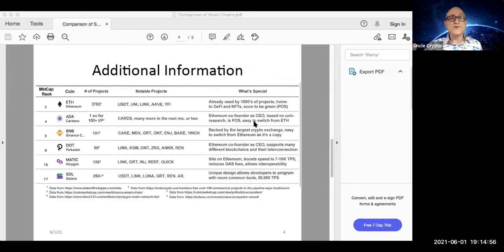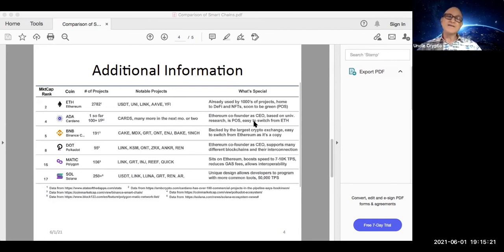So it's a horse race, and it's exciting. When you understand the technology, it's really exciting because Ethereum has all these coins, almost 3,000 coins running on it, and new ones by the dozens coming on every day. So it's huge. It has a lot of potential, but it's slow and it's expensive.